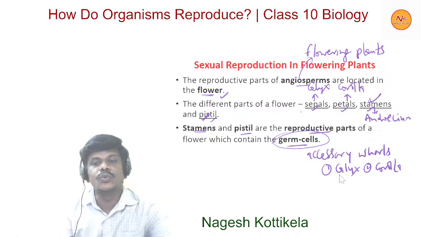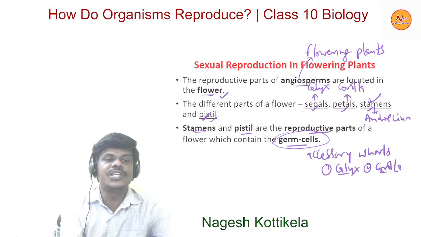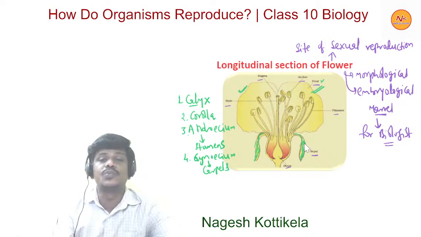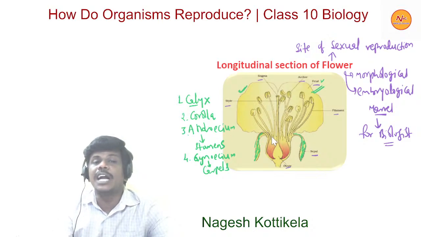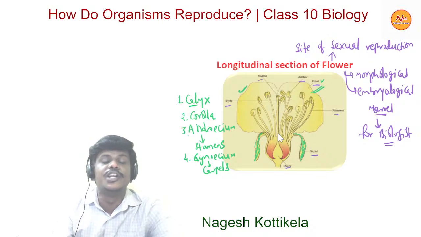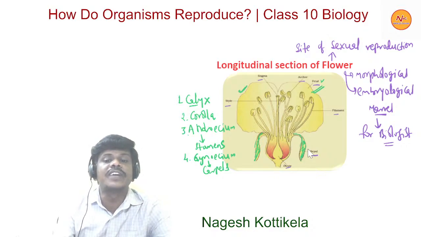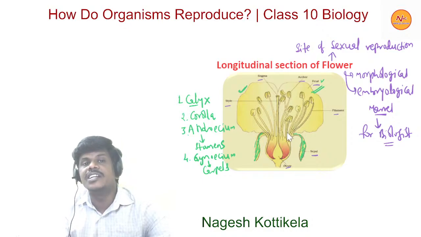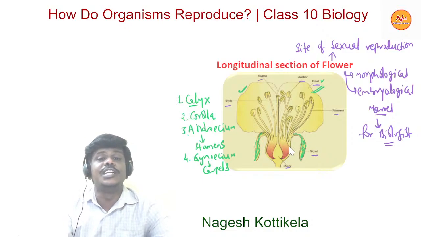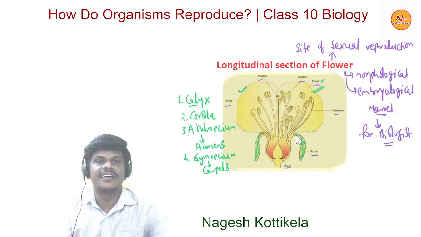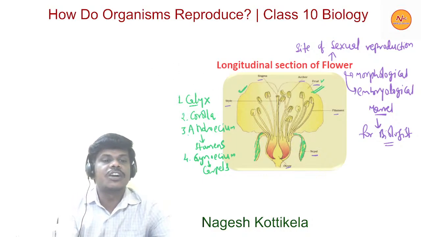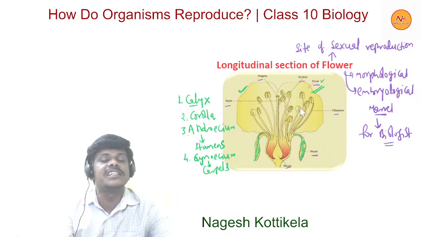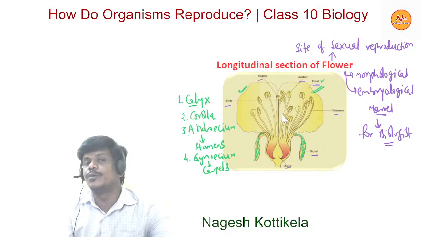Now here, what is the role of calyx and corolla? You can see here, this is calyx. What can be the role? This is the outermost whorl actually. So when the flower is in bud stage, it protects the inner whorls of the flower. And about the corolla, the second whorl, it has brightly colored petals which attract insects for pollination.